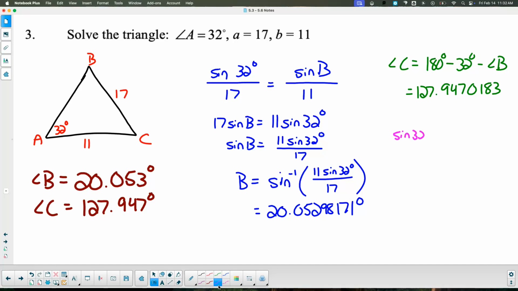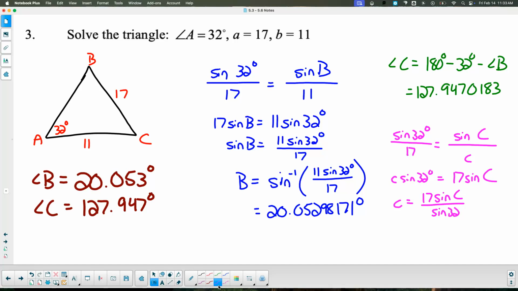Sine of 32 degrees all over 17 is equal to the sine of angle C all over side C. So side C is what I'm looking for, times the sine of 32 degrees equals 17 times the sine of big angle C. So right now on my calculator, I've got that 127 degree angle.